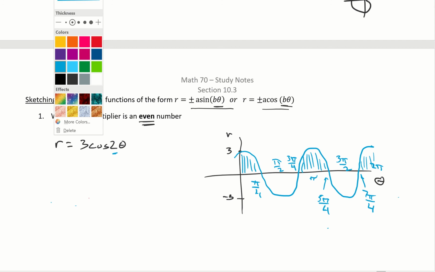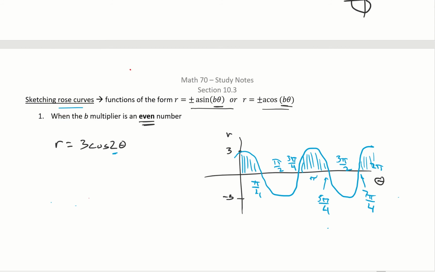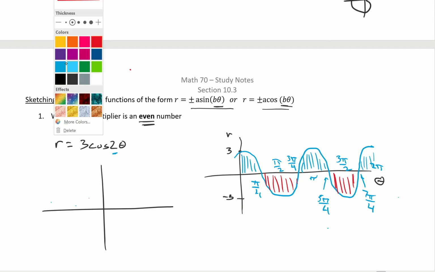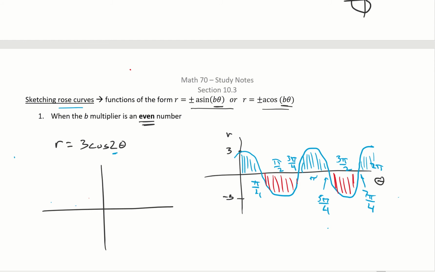But you also have the negative regions for r. So you know what that means: when r is negative, you go in the opposite direction. So this is kind of a cool thing to graph because, well, watch what happens. I'll do the negatives and positives in blue and red so you can see it better.